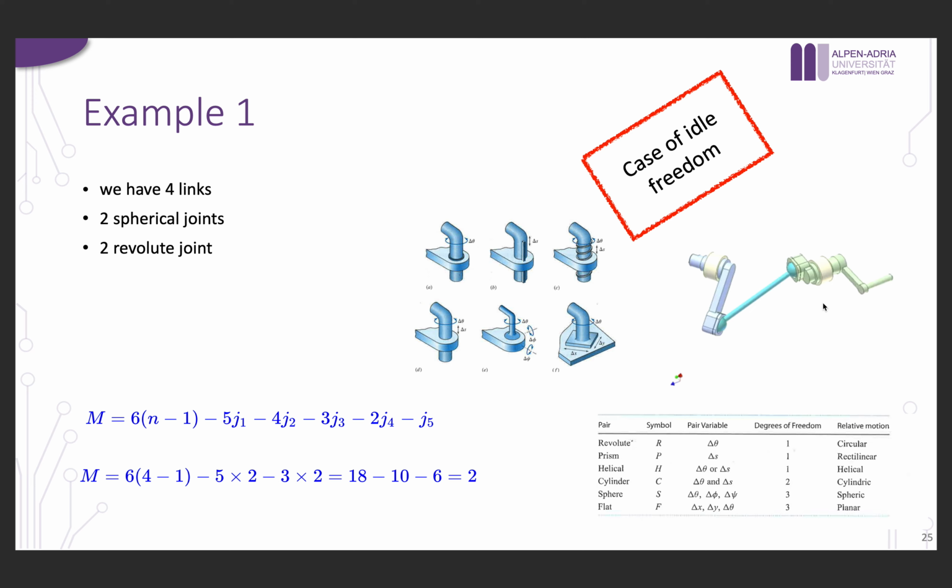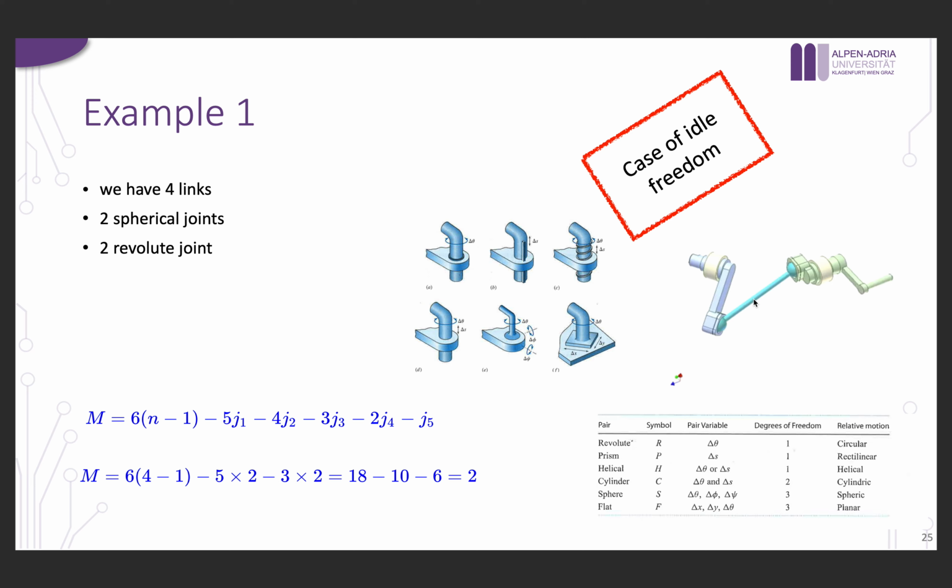Now, the reason behind that is something called idle freedom, which is the freedom of this link to rotate around itself. Because of these spherical joints, this link can rotate around itself, right? But this rotation around itself is changing nothing in the mechanism, so it's not translating any movement.